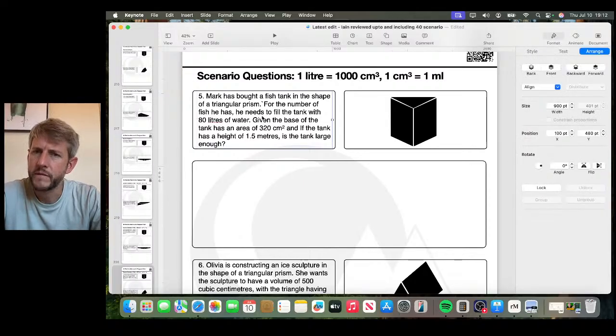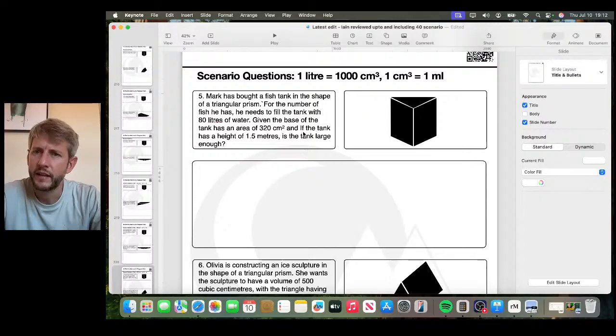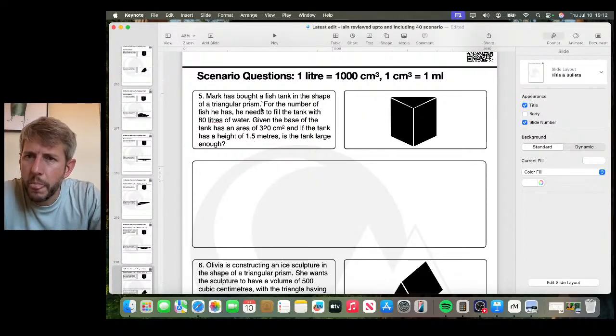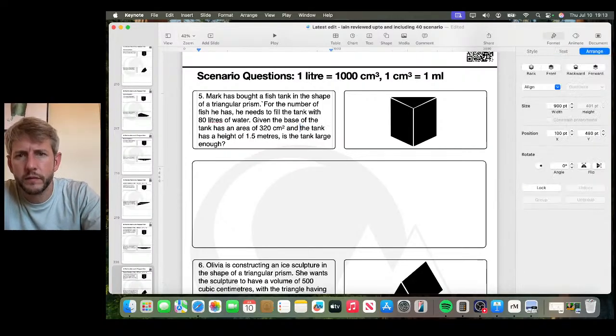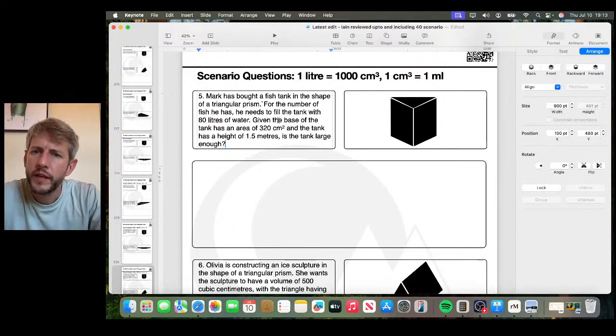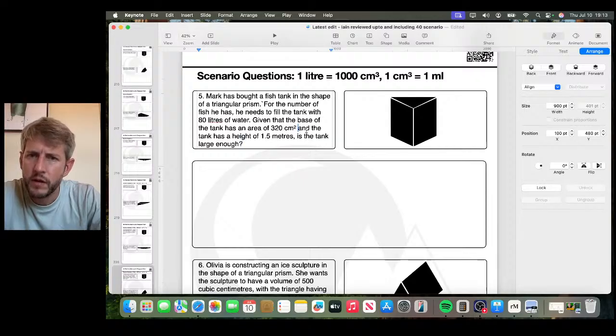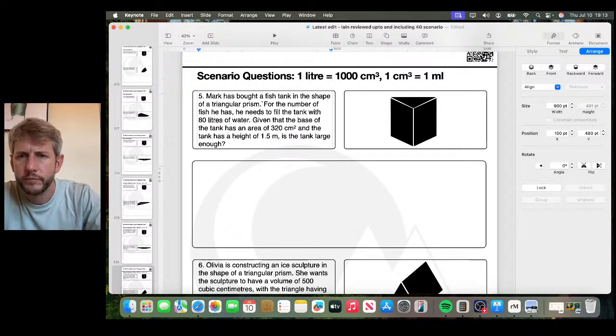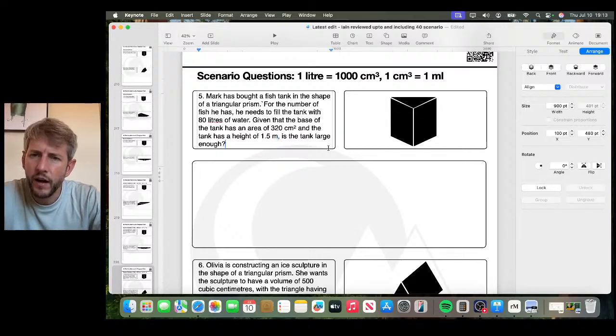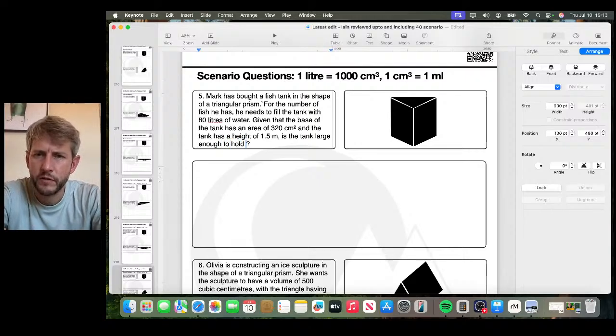Given that the base of the tank has an area of 320 centimetres squared and the tank has a height of 1.5 metres, okay, is the tank large enough to hold his fish?